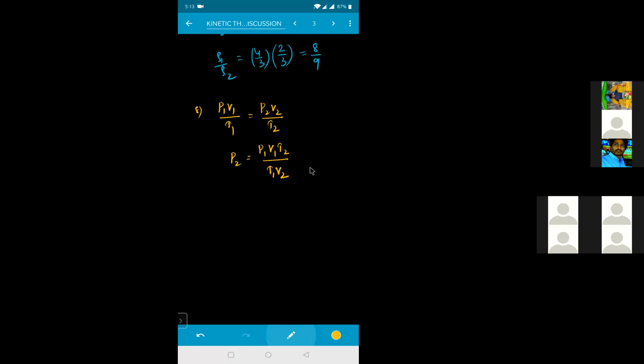From the given data, atmospheric pressure is 10 to the power of 5. Volume is 1 meter cube, into temperature.